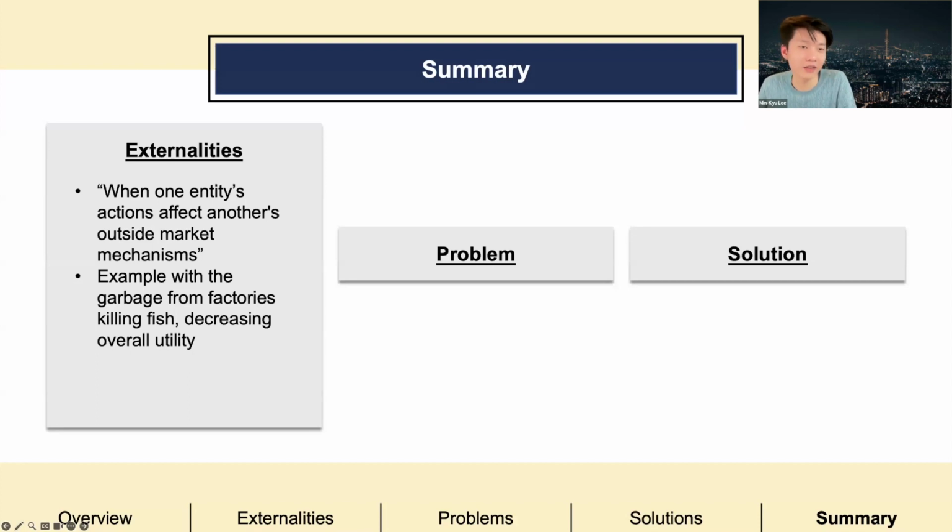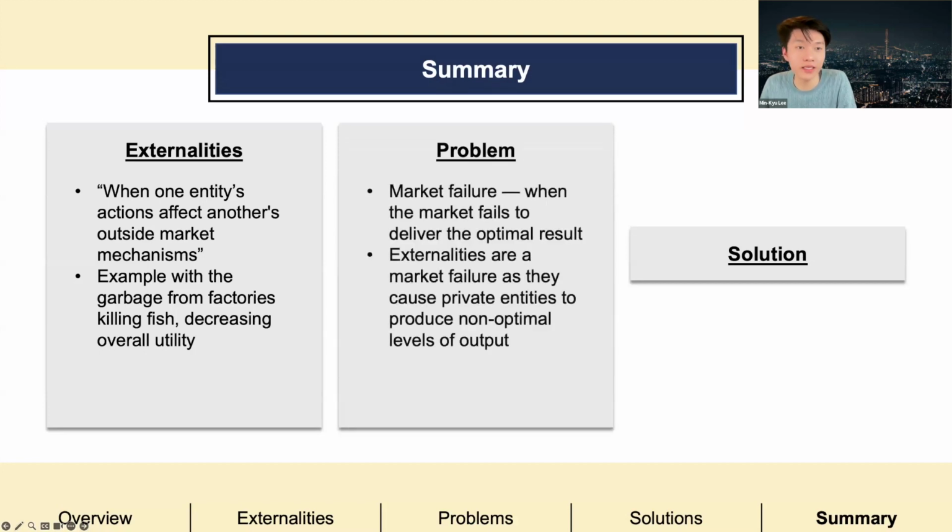But it makes sense from the factory's private perspective. Then we talked about why externalities are a problem, really because of market failure. We're not producing the optimal result. There's inefficiency. This externality is causing these private entities to produce at non-optimal outputs because that's what they're incentivized to do by the market.